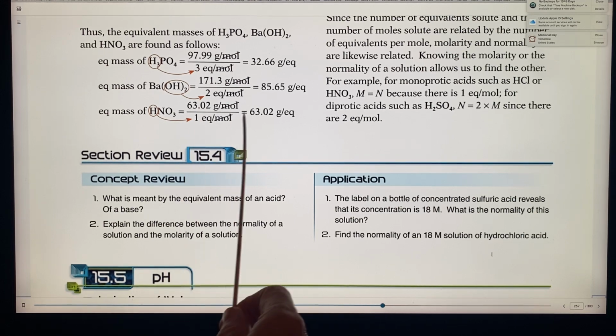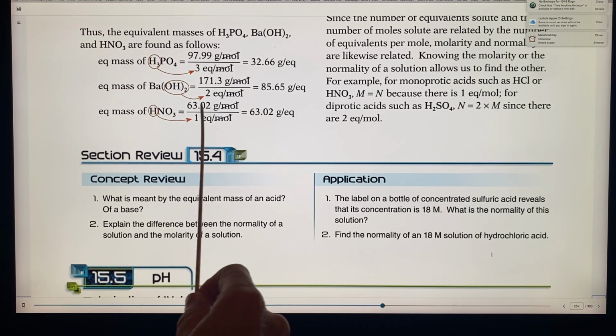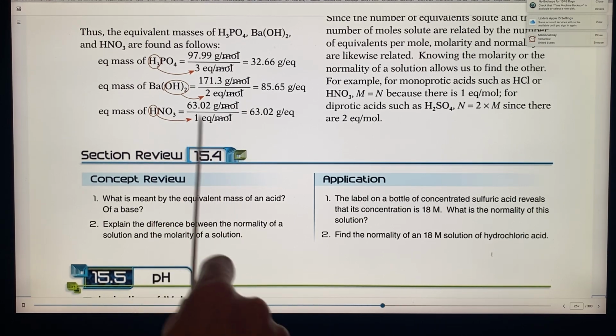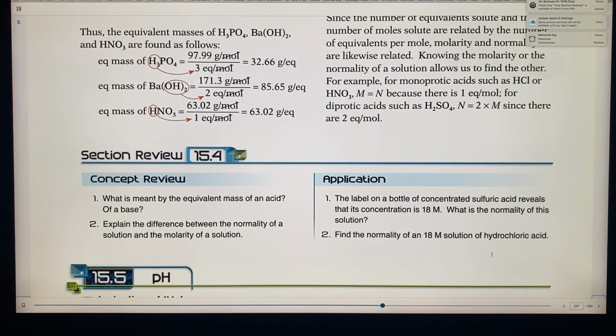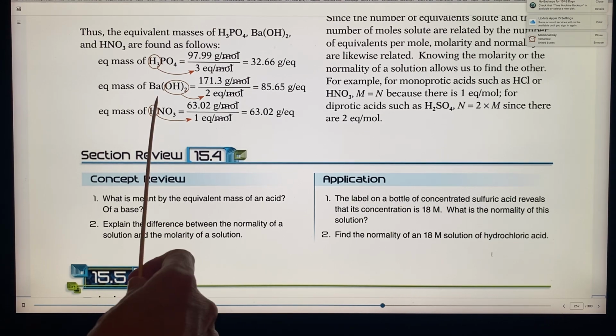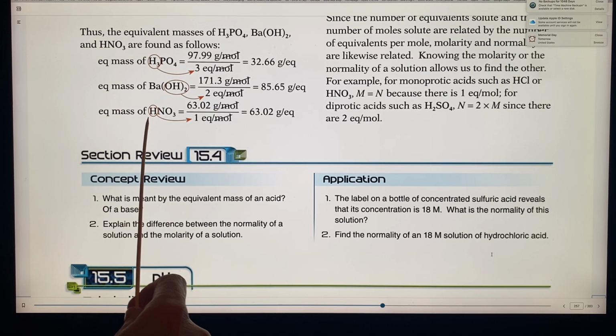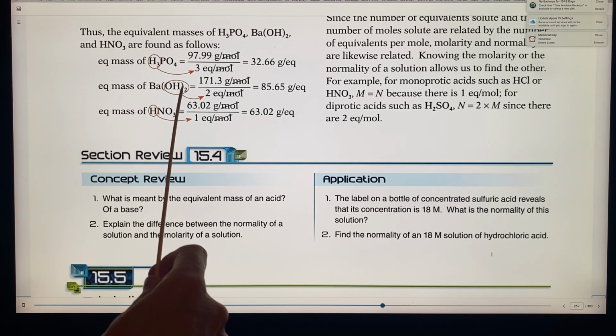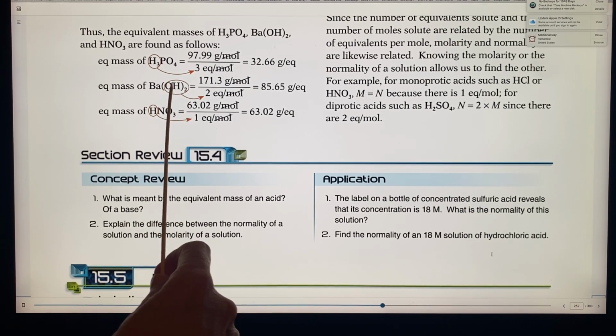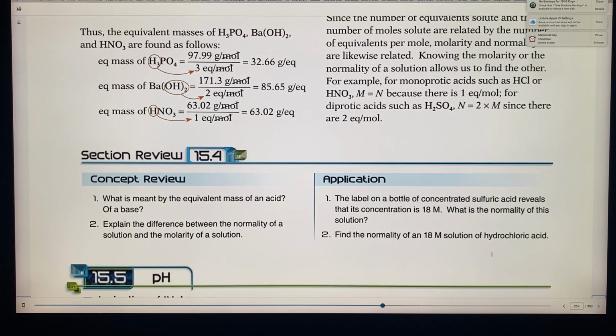We're taking the molar mass, just like we do from the periodic chart, and dividing it by that, and that way we get equivalents. It's just an easier way to say how certain acids and bases will react to each other in being equivalent. You might need more base or more acid, depending on the solution needing more hydroxide or hydrogen.